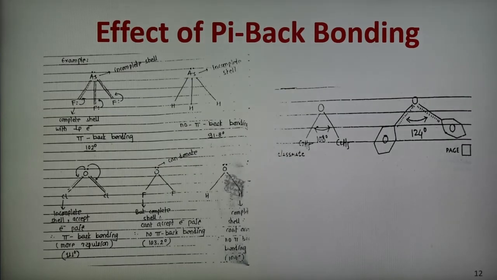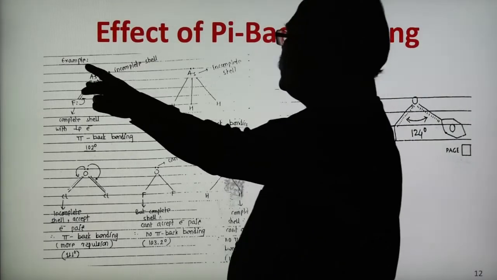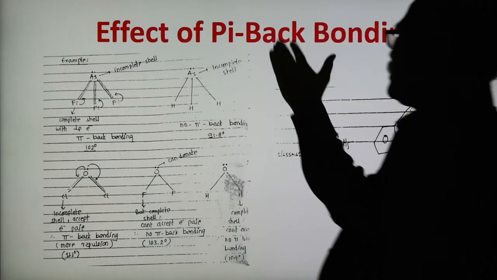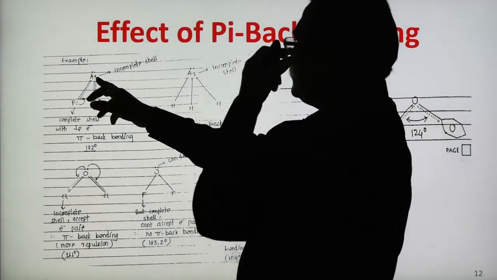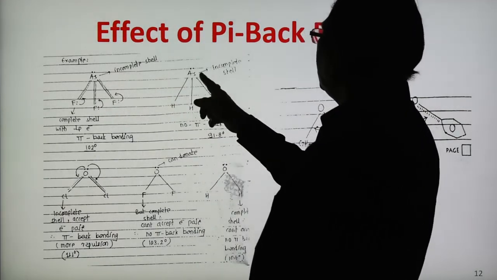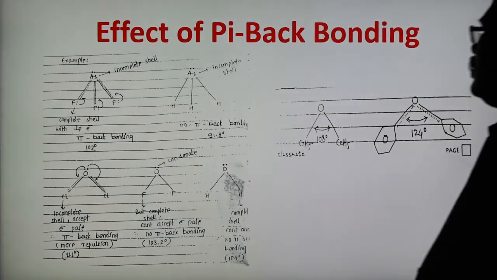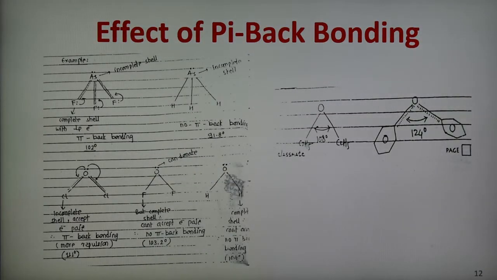One more example is shown here, of a similar type: AsF3 and AsH3. In this case, arsenic has an incomplete shell. This is also having an incomplete shell, but fluorine has a complete shell with a lone pair of electrons, and therefore pi back bonding is possible.